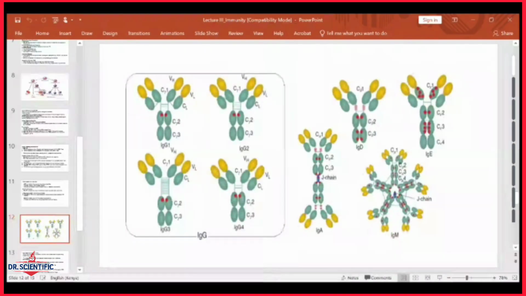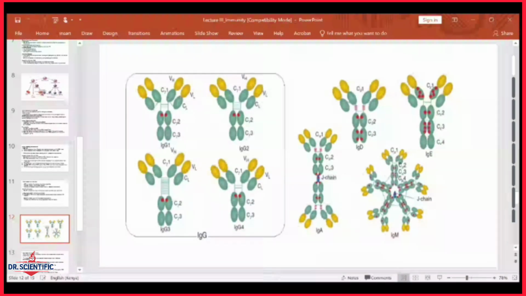Then later on, there is something we call class switching. There is class switching depending on the invading pathogen, and depending on the location of the invader. Now, you see, this is a broad immunoglobulin. It is large like this.